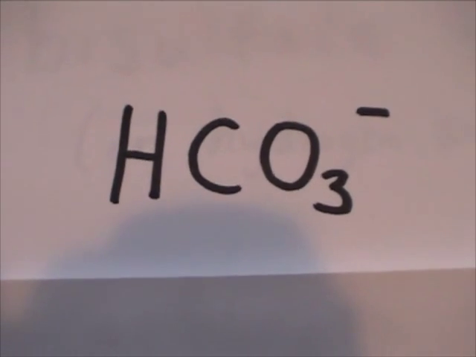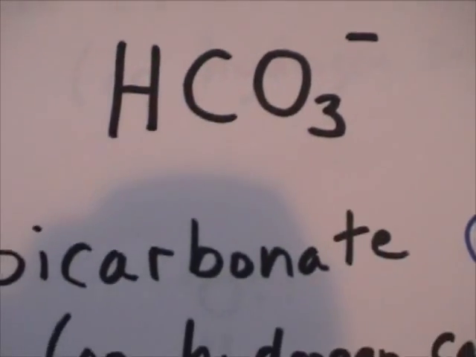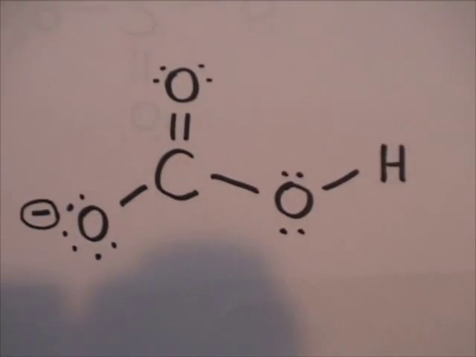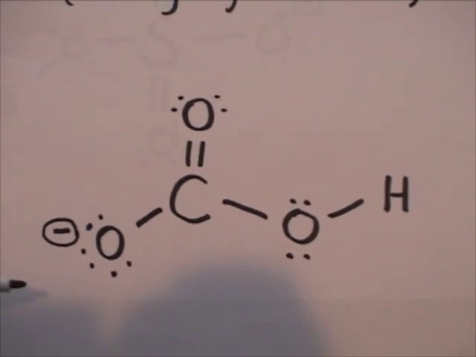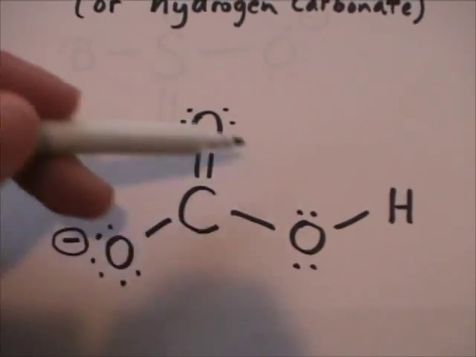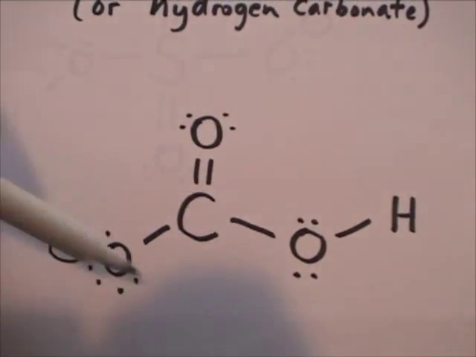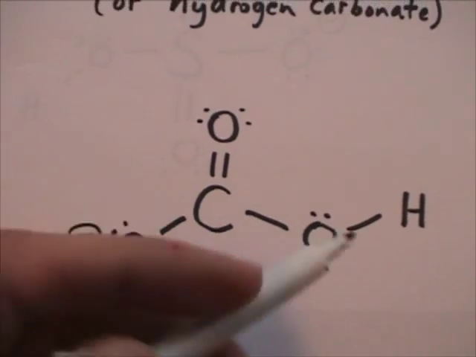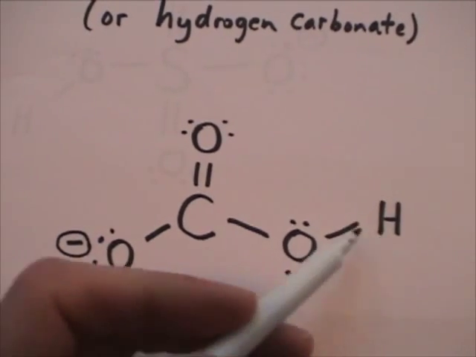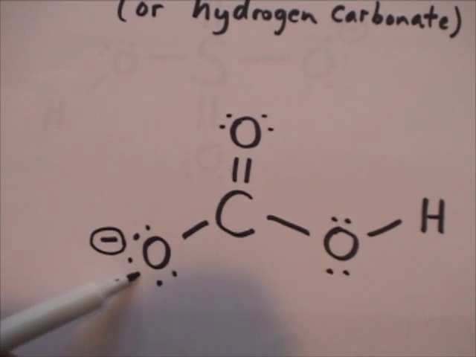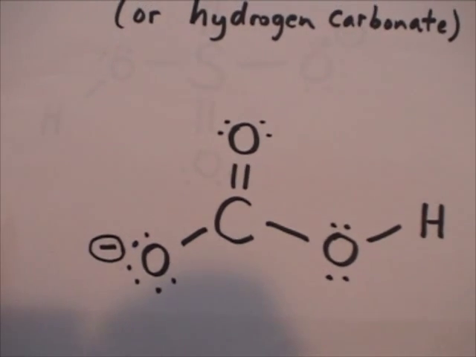Bicarbonate or hydrogen carbonate has a -1 charge. It has one oxygen that has gained an electron, HCO3-. This H could be lost, so it could act as an acid, or these electrons could pick up an H, so it could act as a base.